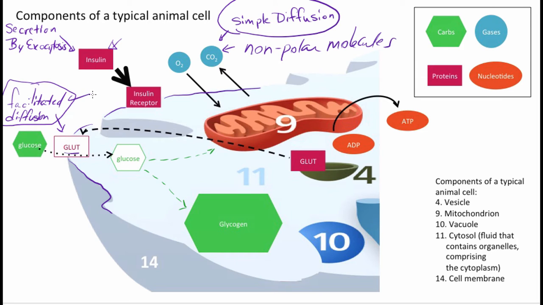It's a polypeptide. How does it get out of the cell that made it? It can't, it's too large, way large, to go through one of these transport proteins. It's going to leave the cell by exocytosis. Do you remember that? Exocytosis. I think I'm done now.